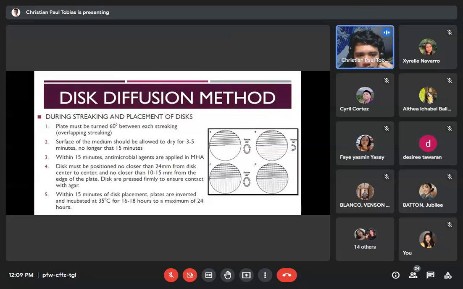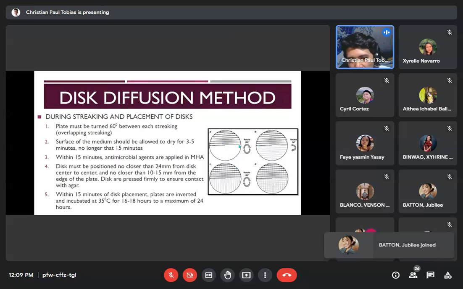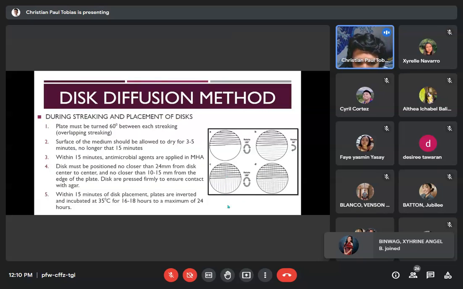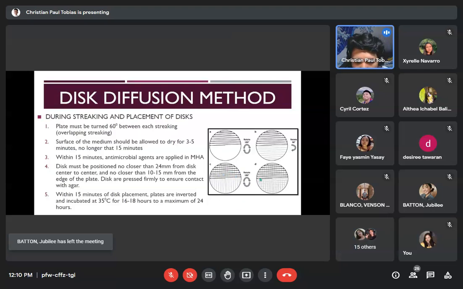Okay, so dito sa example natin, nag-streak siya ng ganito, then inikot niya pabaliktad, nag-streak siya naman. So ito yung primary streaking, then nag-secondary streaking, then inikot niya ulit.